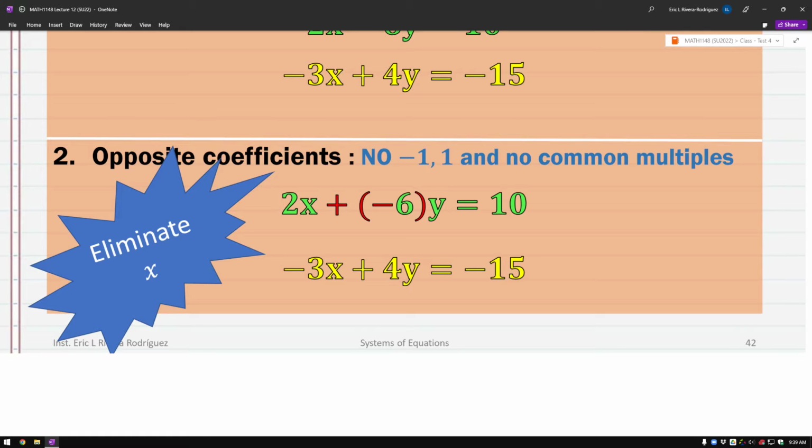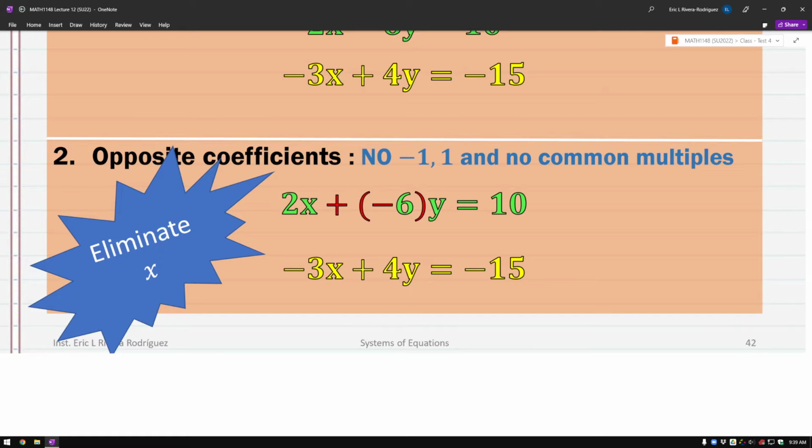But always take into consideration the factors of the number that you are going to be multiplying. You don't want to get huge numbers in our system because sometimes huge numbers can lead to more mistakes if we leave out one digit or something.